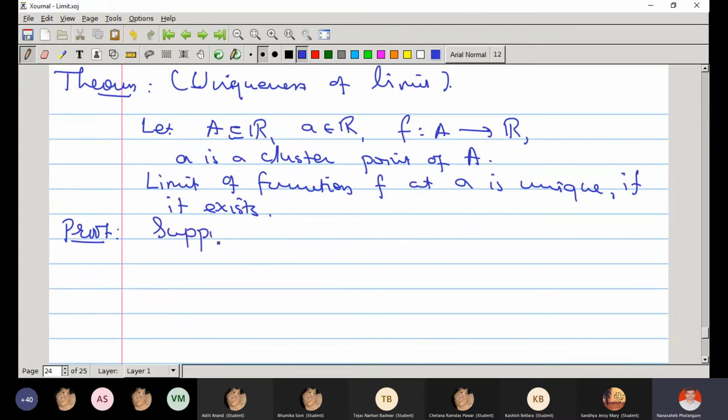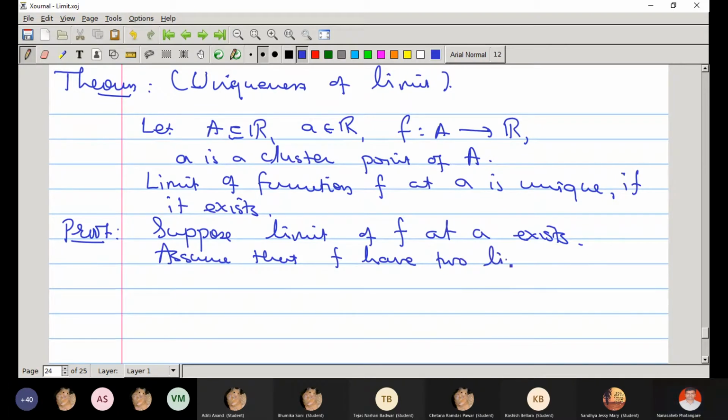Suppose limit of f at a exists. Suppose it exists. So assume that f has two limits at a, say L1 and L2.